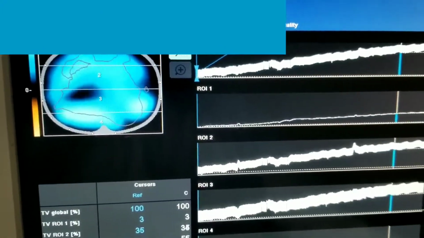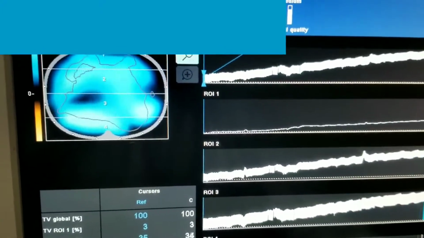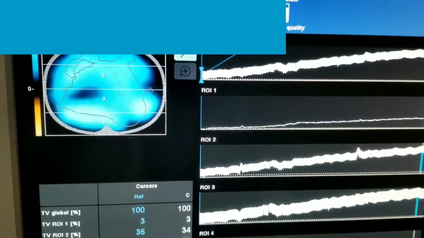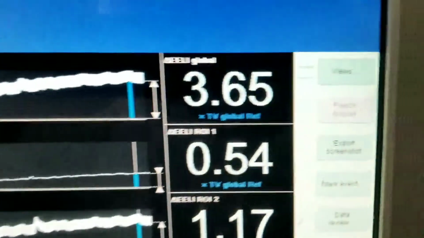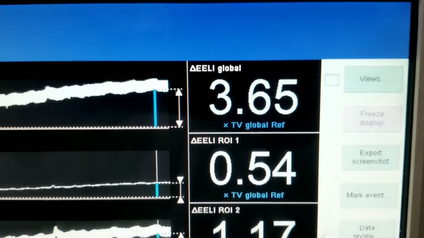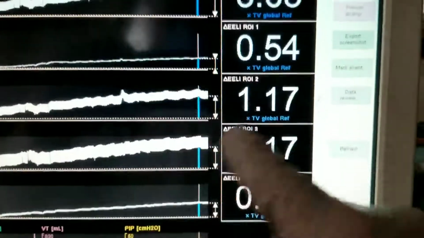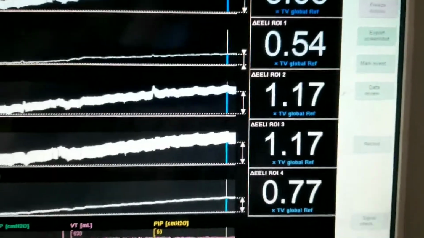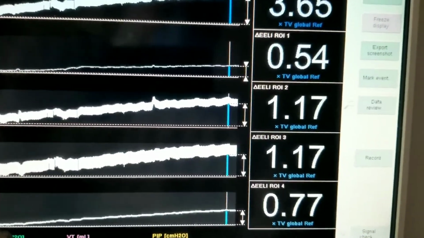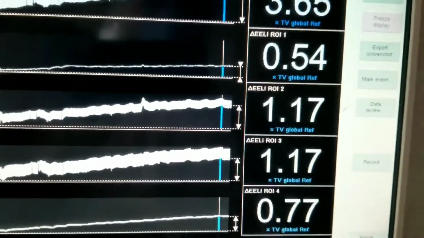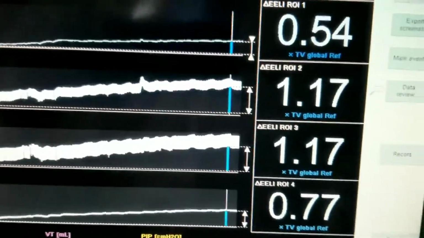When I get giddy, you know good stuff's happening in the lung. There you go. Wow. A total 3.65 in impedance. A little bit more here, but we're still gaining. So not only did we gain from 32 to 31, 31 over time is still improving the lung. And that makes quite some sense.